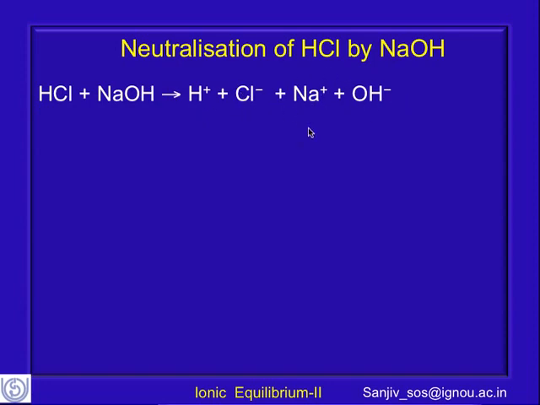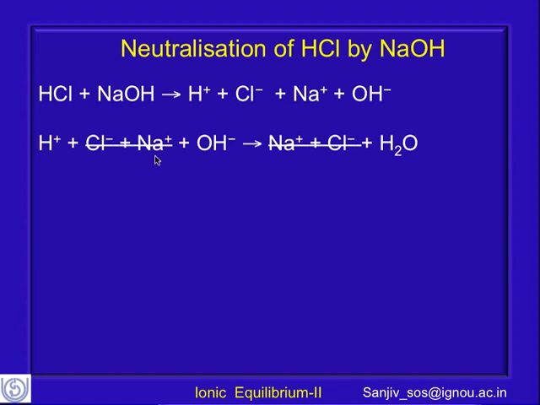Now if you go further, these 4 ions are written again over here, and the hydrogen ion and OH ion can combine to give me a water molecule. In this equation I have 4 ions on this side, H plus, Cl minus, Na plus, OH minus, and on this side Na plus, Cl minus and H2O.